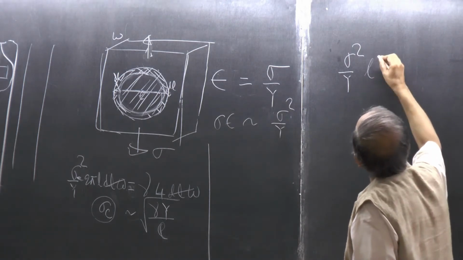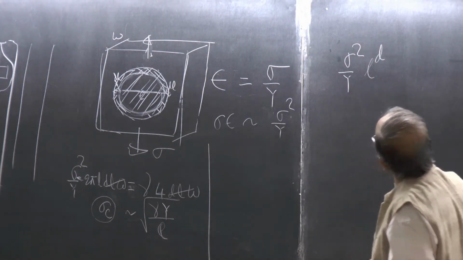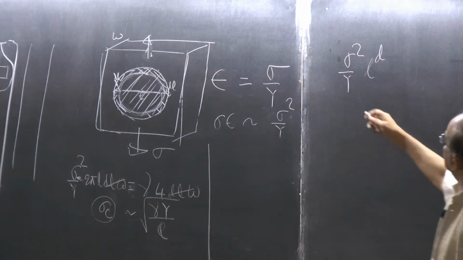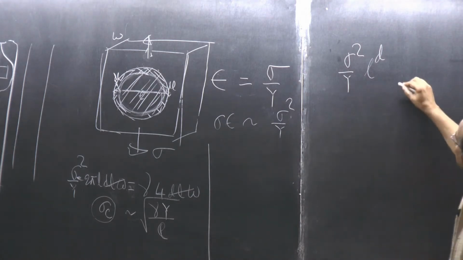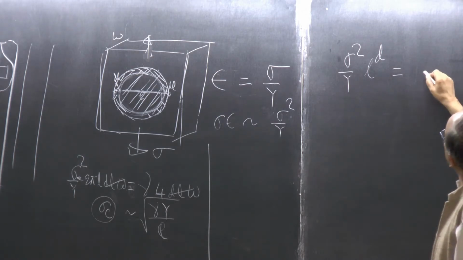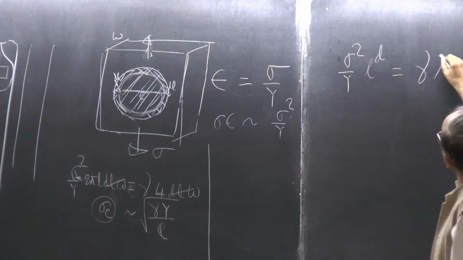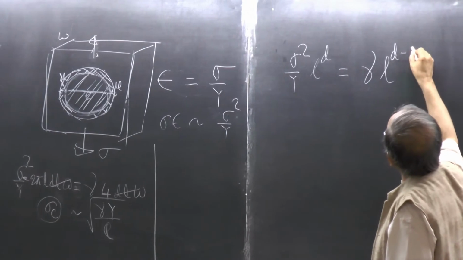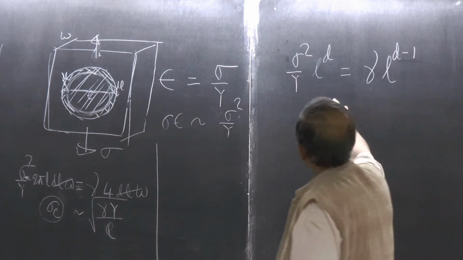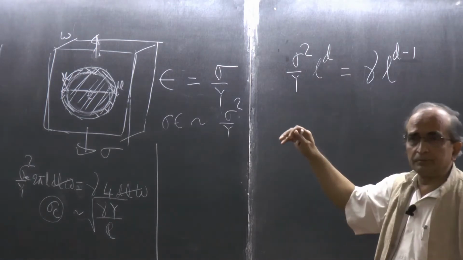Then in a d-dimensional sample, L is the length of the defect. Typically the energy is of the order of this, must be equal to the surface energy density, L to the d minus 1, okay? D minus 1, d is the dimension of the sample.